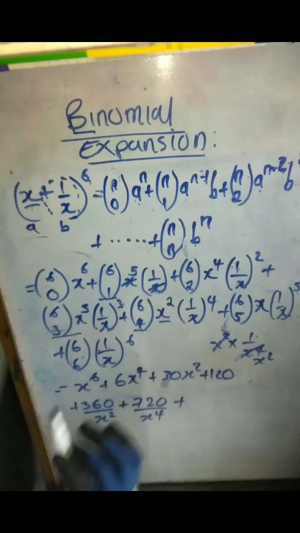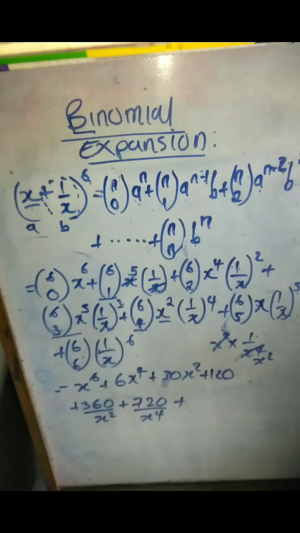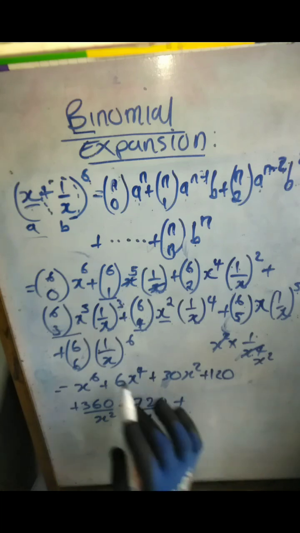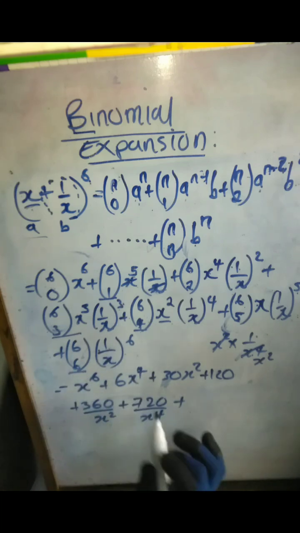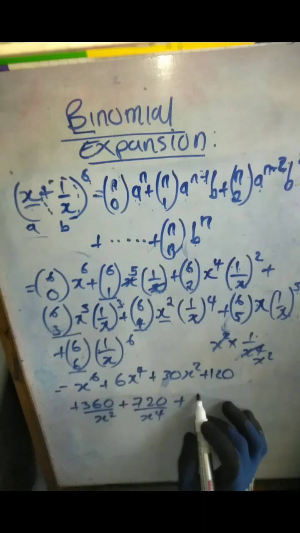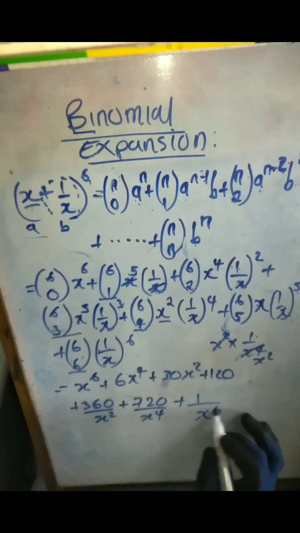Then plus the last term, n combine n, 6 combine 6, it's just 1, so we have 1 here, and we also have 1 over x to the power 6.